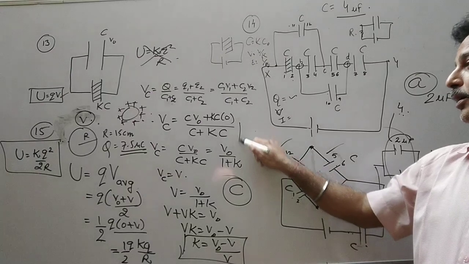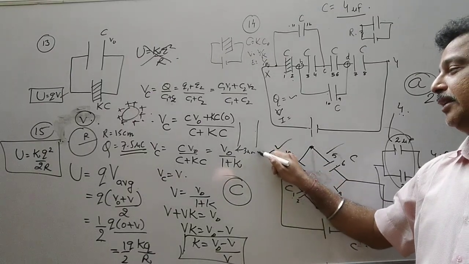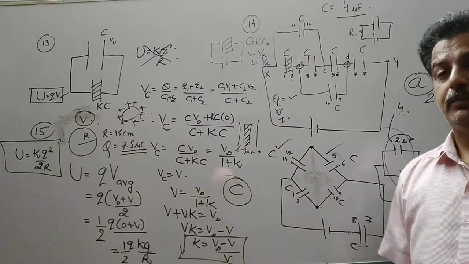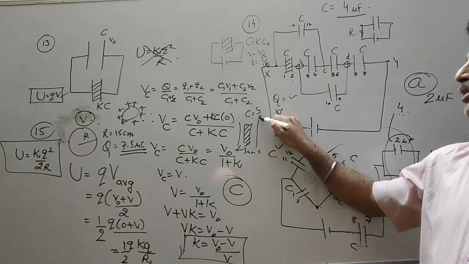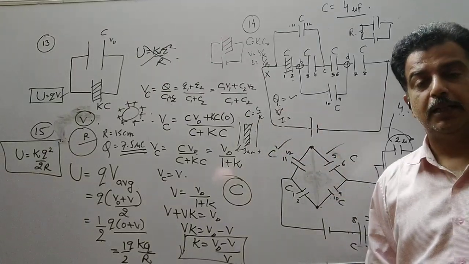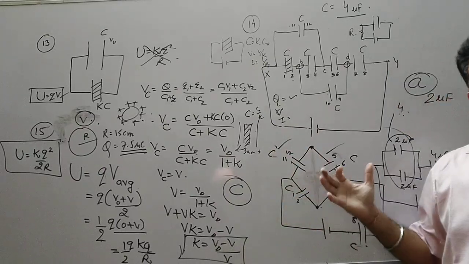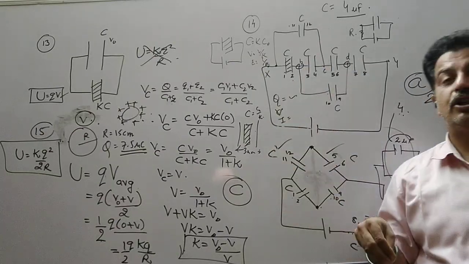But it is not always the case. If the distance between the two plates is 3 mm, and suppose I fill a dielectric of 1 mm, then you cannot say the capacitance will become K times the initial. This will not be the situation. So there are such concepts where the battery will be connected and still we introduce a dielectric.